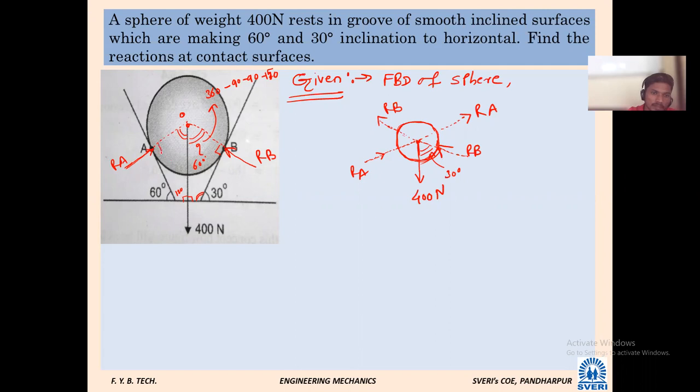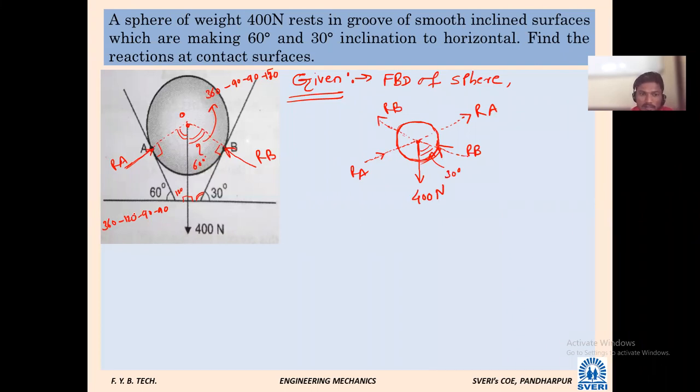120. Here it is 90. So for this, it will be 360 minus 120 minus 90 minus 90, which comes to 60. So actually there is a thumb rule.